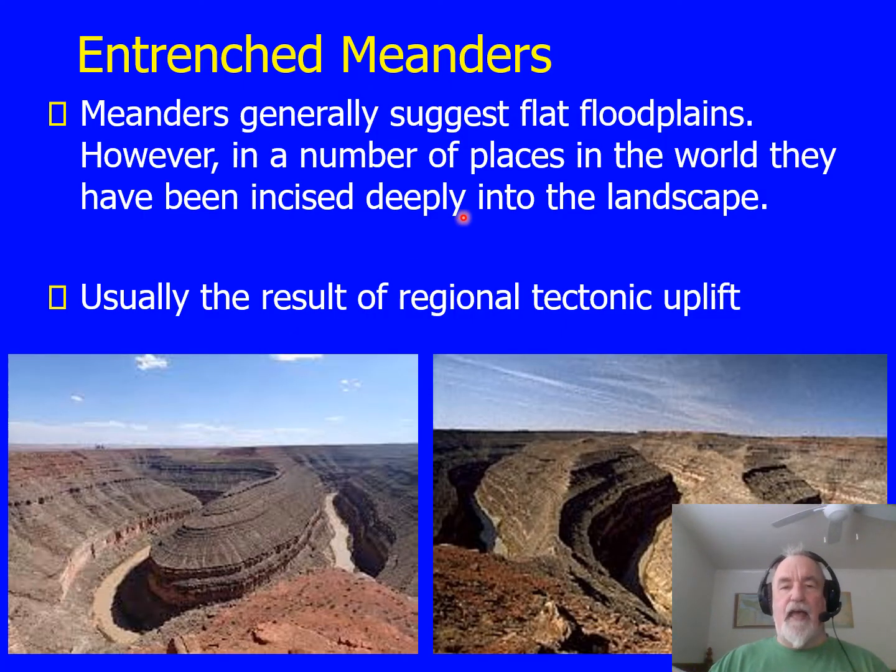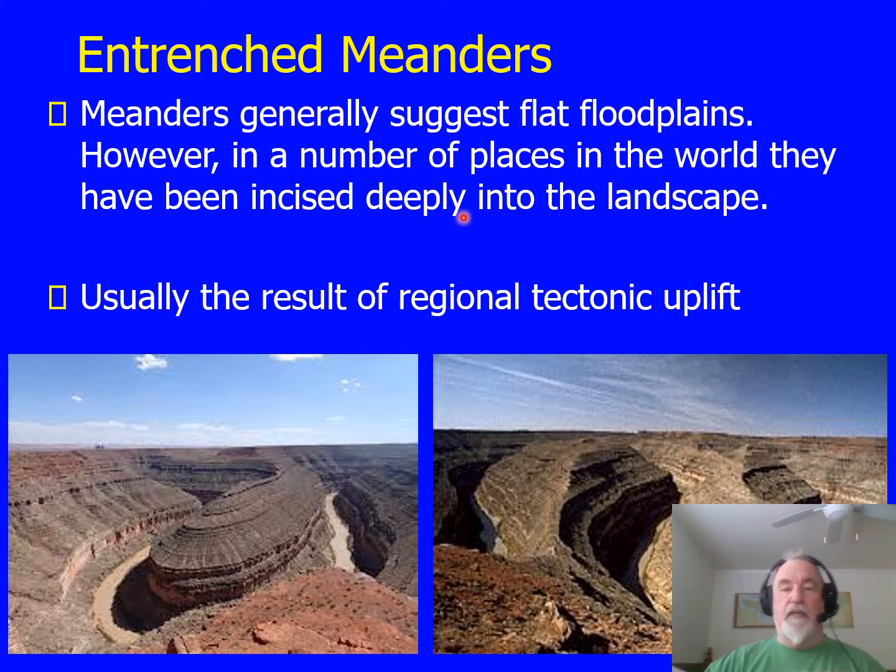Now, if we have meandering rivers in an area that gets geologically uplifted, now the meanders may actually be entrenched. They can't get out of there anymore as the river cuts down into the uplifted rock or sediment, and it's basically trapped in its meandering location.